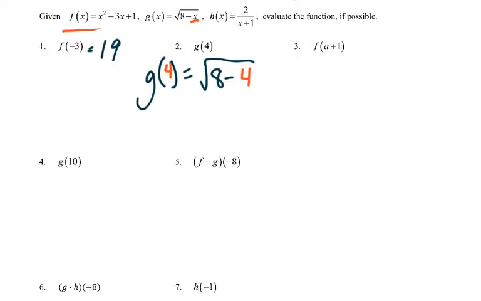We solve inside the radicand, or the radical sign, first. So 8 minus 4 is just 4, so the square root of 4, and the square root of 4 is 2. So this is equal to 2. The function g evaluated at x equals 4 gives us a result of 2.